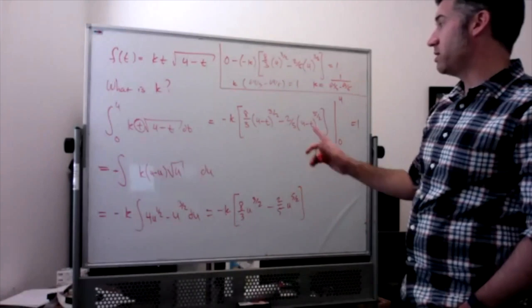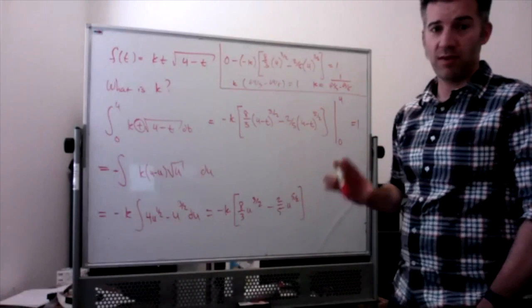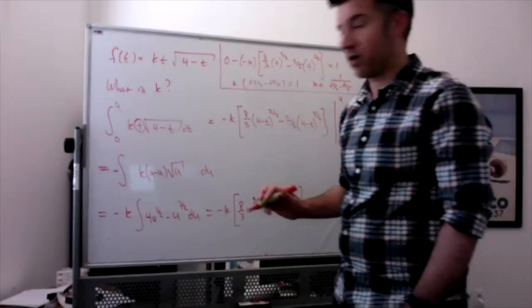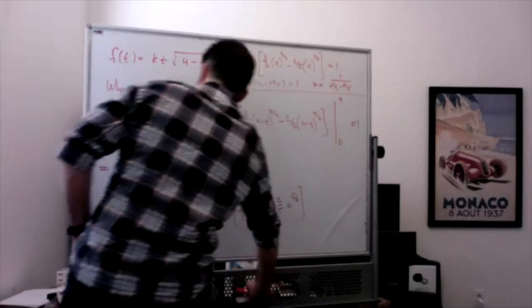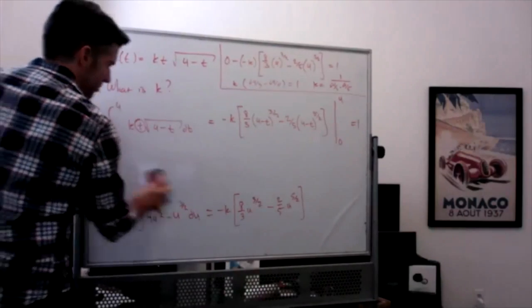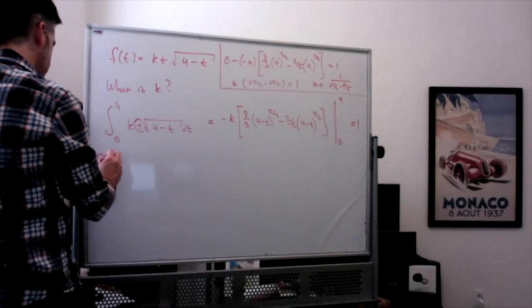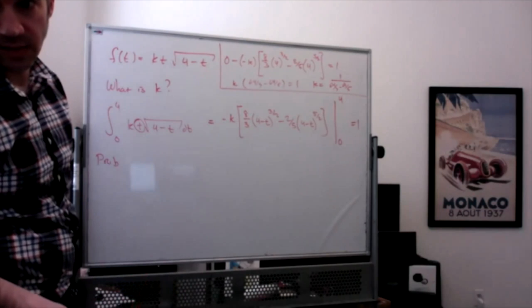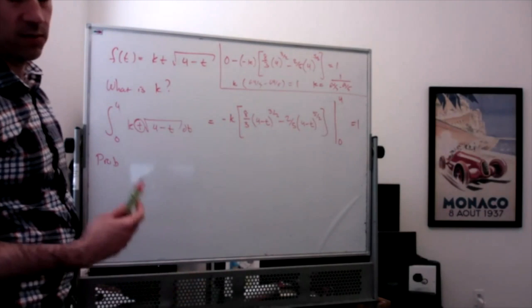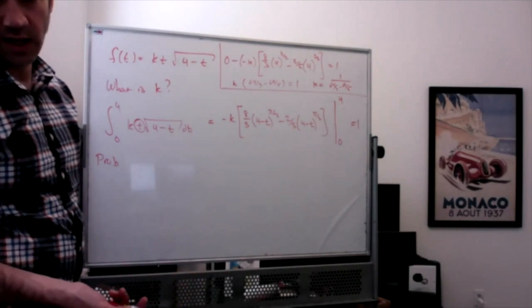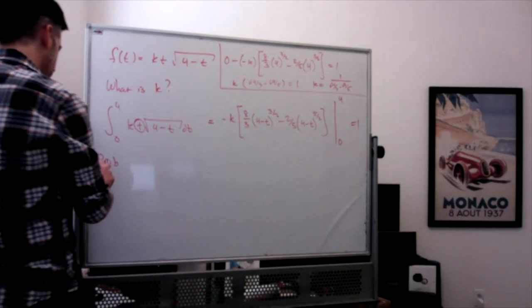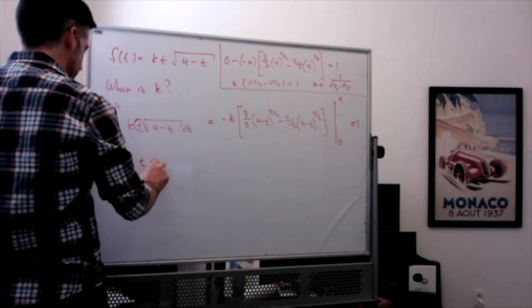The reason I wanted to show you this specifically is because the rest of the question asks something like, what's the probability that the time it takes for a new employee to learn how the machine works is less than 3 hours? The probability that the time is less than 3 hours.